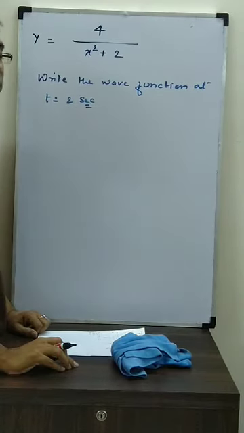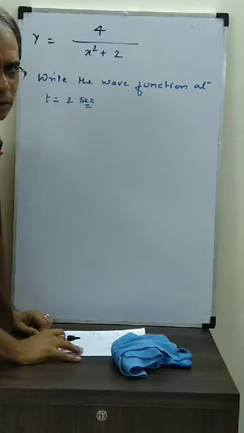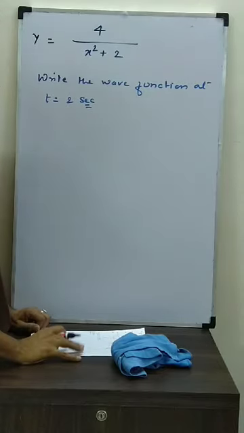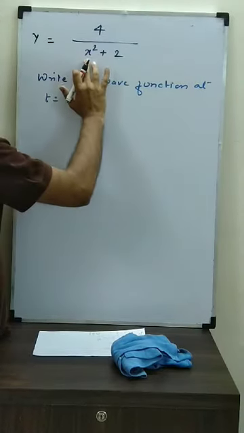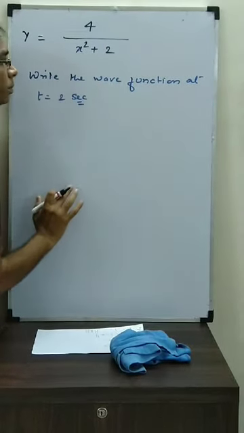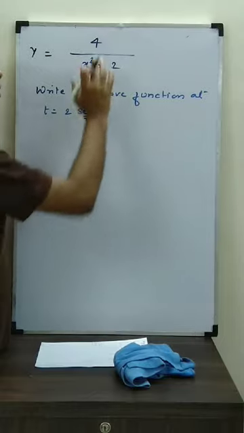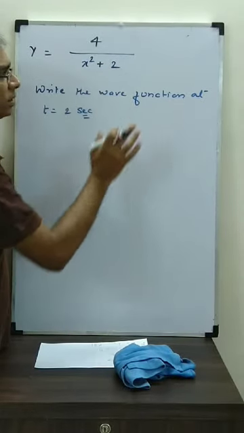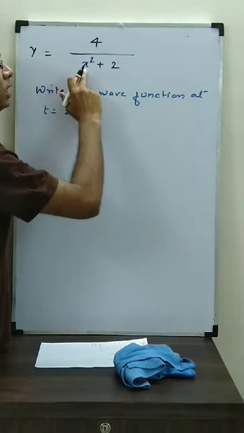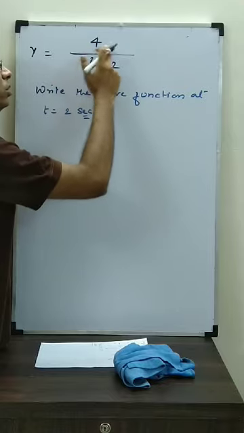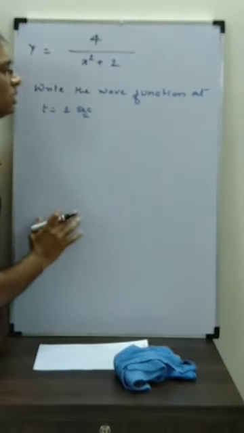At t equal to 2 seconds, what will be this wave function? That's the question. First thing, there is no t form given, so we have to introduce it, then only we can say it's a wave. Is this function okay? Yes. If x is infinity also it's defined, and if x is 0 also this is well defined. So yes, the function is fine.